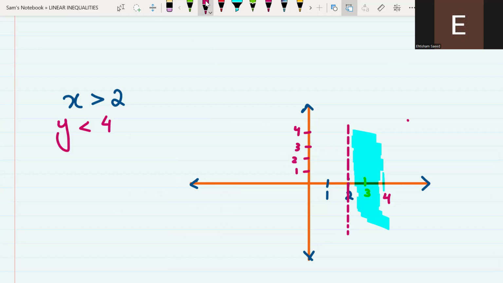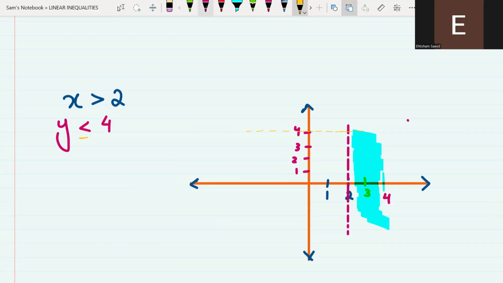So here we will be drawing a complete line or a dotted line at 4? A dotted line will be drawn at 4. Why? Because it is only less than. If the equal to is also present, then obviously we will draw it completely.